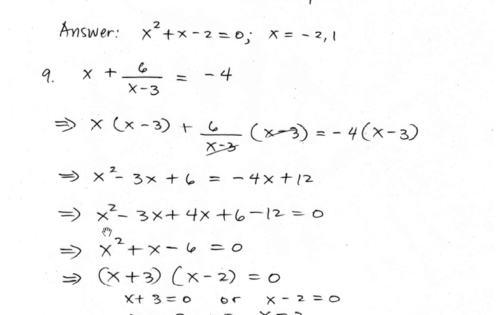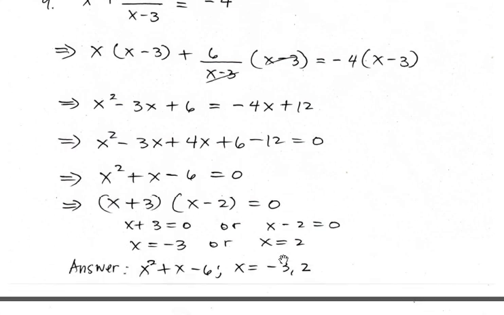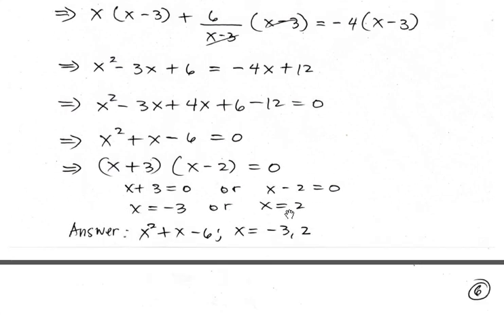Simplifying, the quadratic equation now becomes x squared plus x minus 6 equals 0. Factoring out, we have quantity x plus 3 times quantity x minus 2 equals 0.